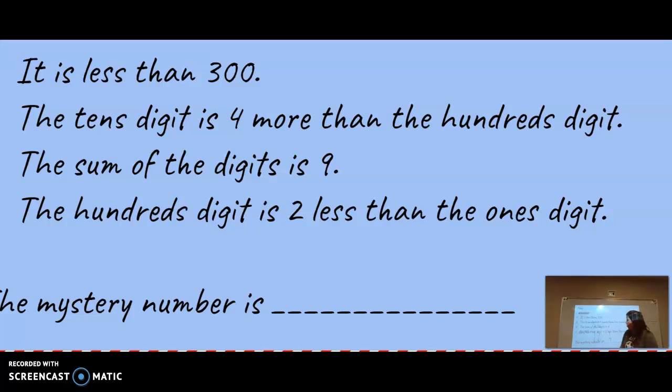Okay, so whatever number you came up with right here and right here, is that 2 less? Is this number right here 2 less than this number? Now it's only going to be one of them. So it's going to be either 150 blank or 260 blank. You have to decide.